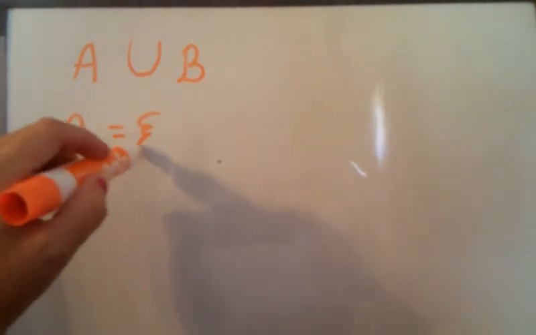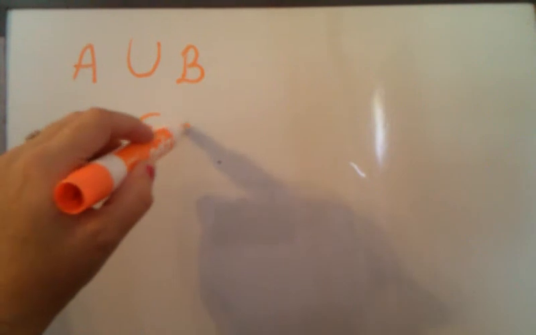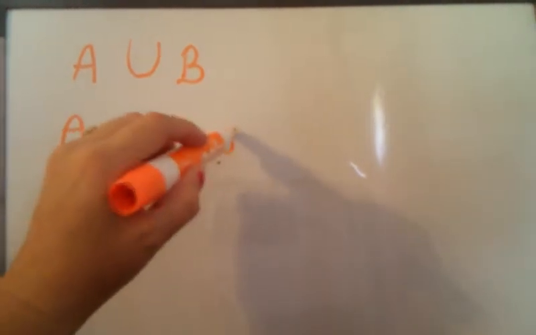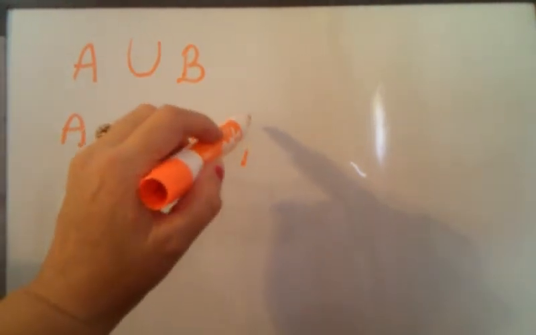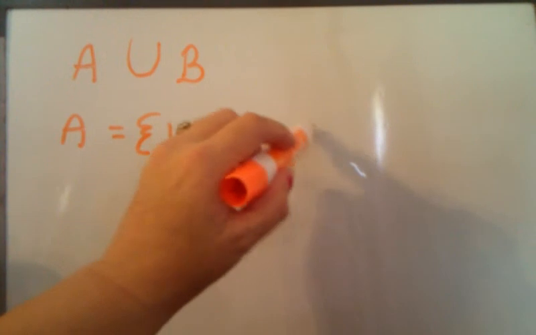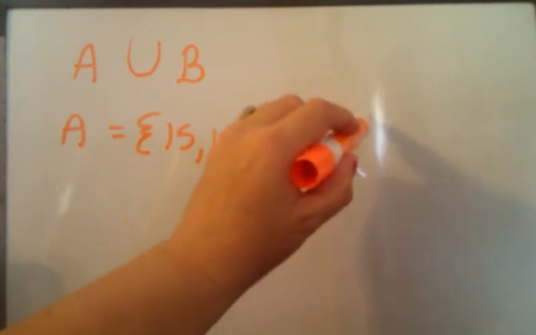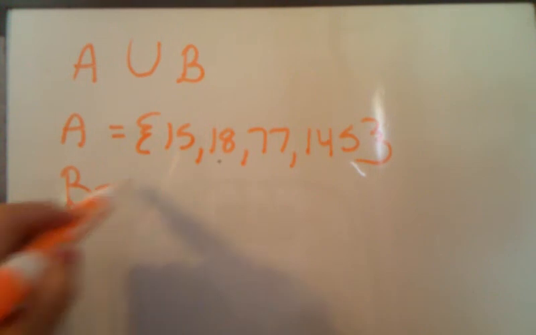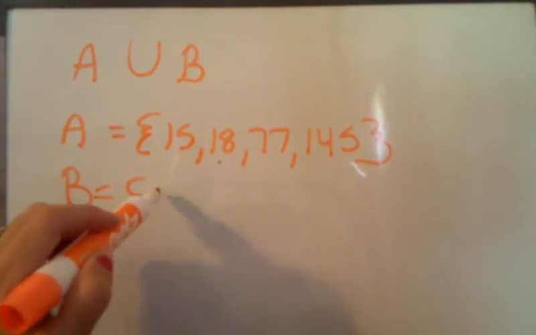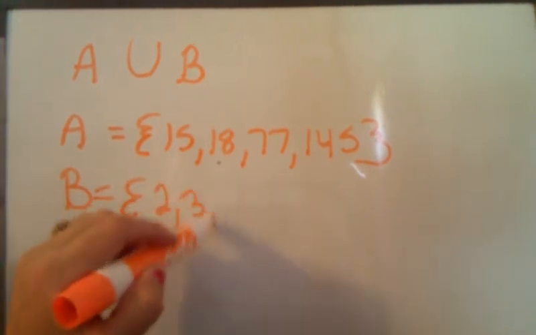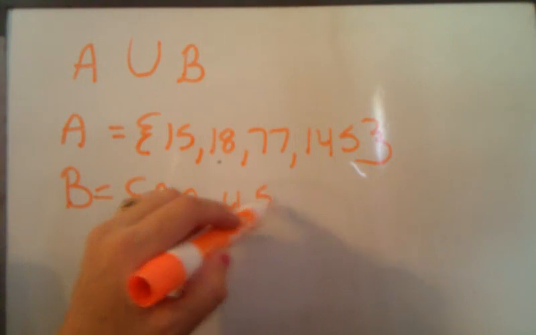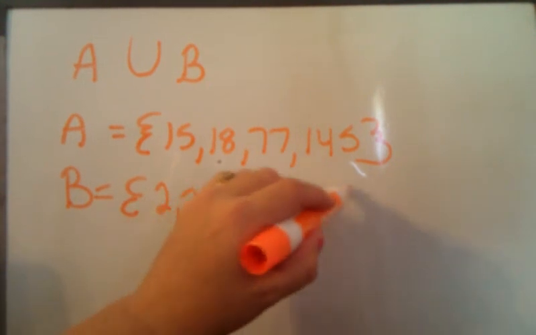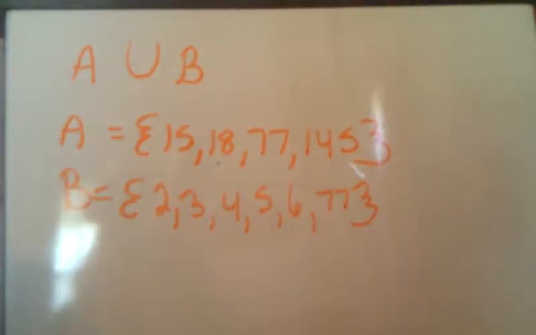We'll say that A equals 15, 18, 77, and 145. And we'll say that B equals 2, 3, 4, 5, 6, and 77.